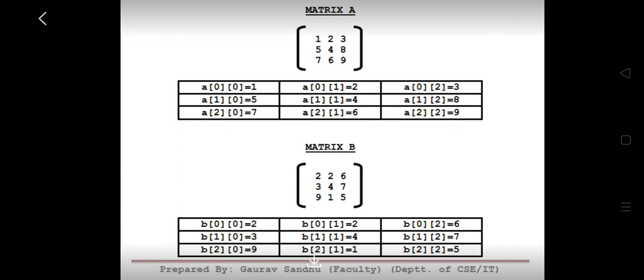The respective data are stored at specific indexes in matrix A and matrix B. For example, for matrix A, 1 is stored at A00, 2 is stored at A01, 3 is stored at A02, and so on. Similarly, for matrix B, 2 is stored at B00, 2 is stored at B01, 6 is stored at B02, and so on for the whole matrix.